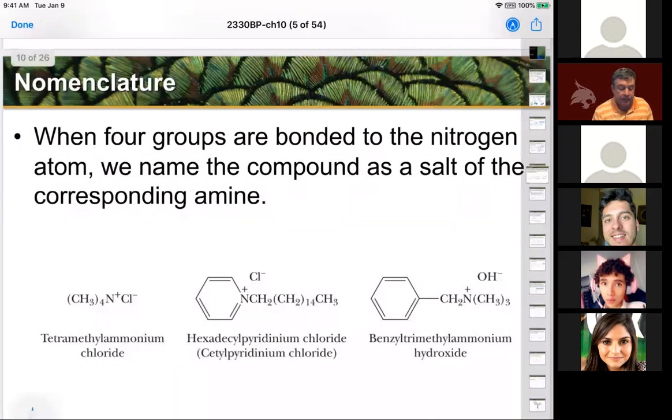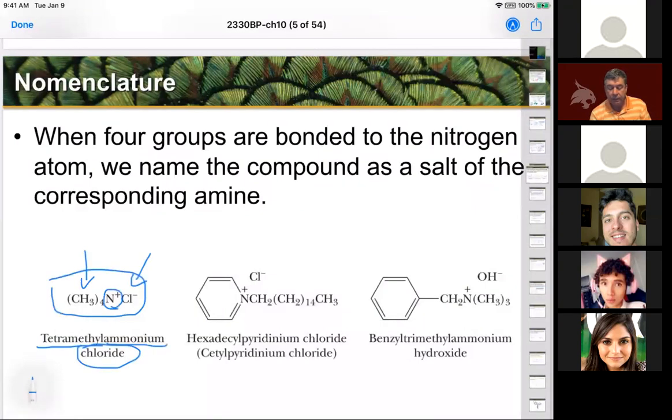In the case of the aliphatic systems, we're calling this an ammonium salt. Here we have 4 methyl groups, so tetramethylammonium, because our nitrogen has 4 things bonded to it and a positive charge. And then whatever the counterbalancing ion is, in this case it's chloride.